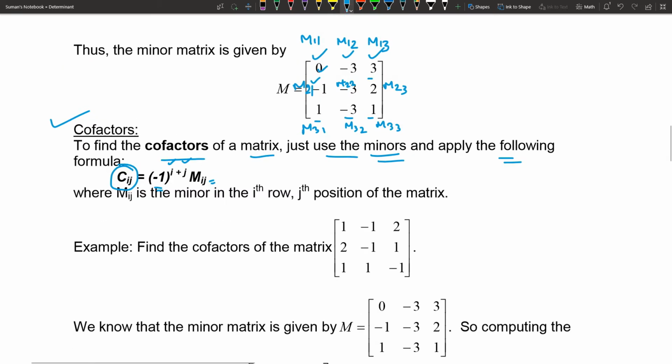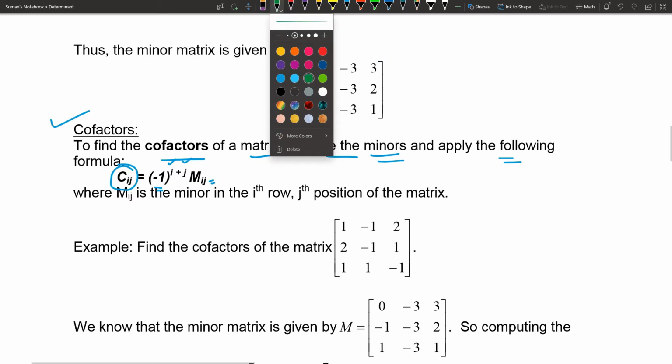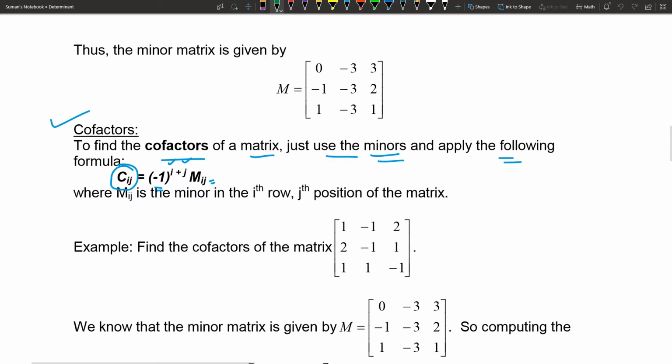So let's check once again with the minor matrix we have found. Let's check the very first one. Suppose we have M11 here. So what is the position of that one? Row 1, column 1. So multiply it with minus 1 whole to the power 1 plus 1.